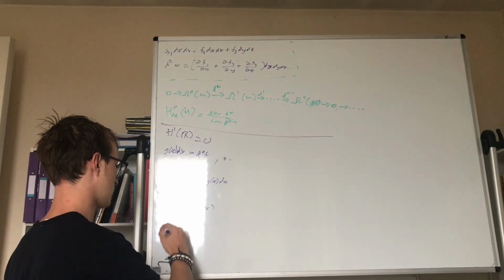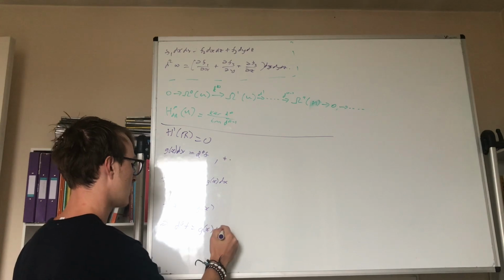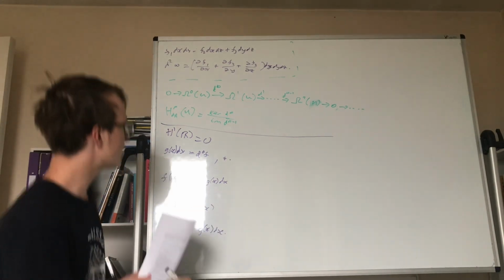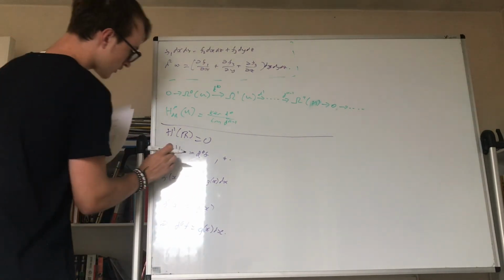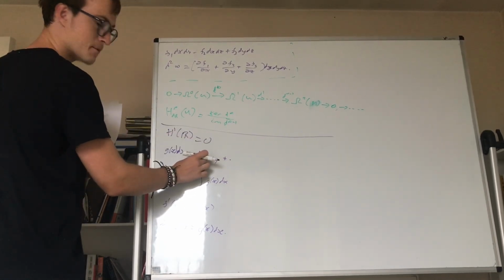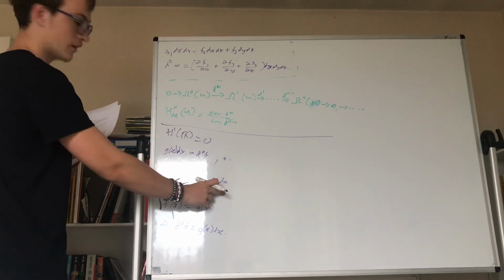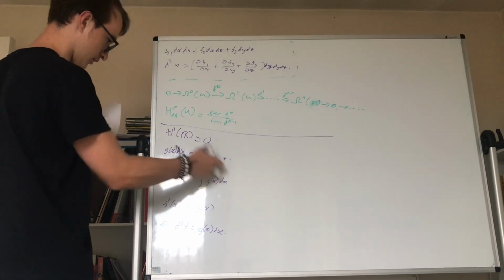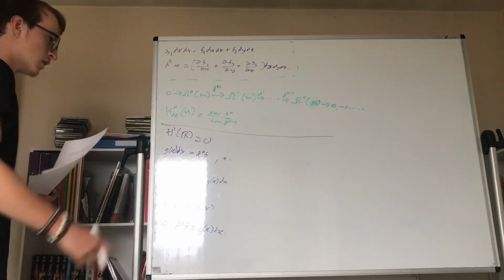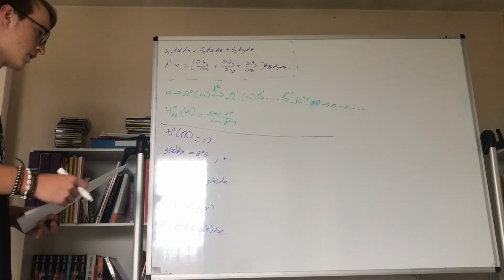Therefore d0 of f is equal to g of x dx. Therefore every single 1-form is in the image of d0, because we just define f as this integral. So there are no obstructions to the fundamental theorem of calculus.